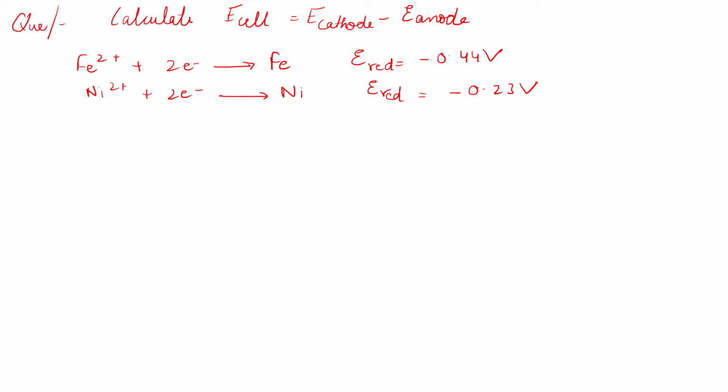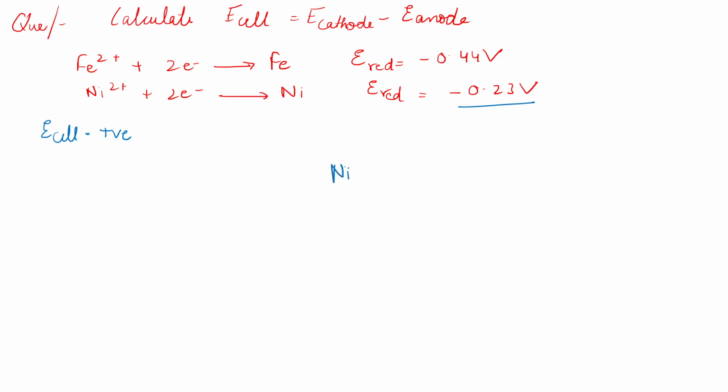For a galvanic cell, the E cell is supposed to be spontaneous. That means it has to be positive. So which one of the following half cells will act as cathode and which one will act as anode? The higher the reduction value, the more the tendency to get reduced. Out of the two, minus 0.23 is more.